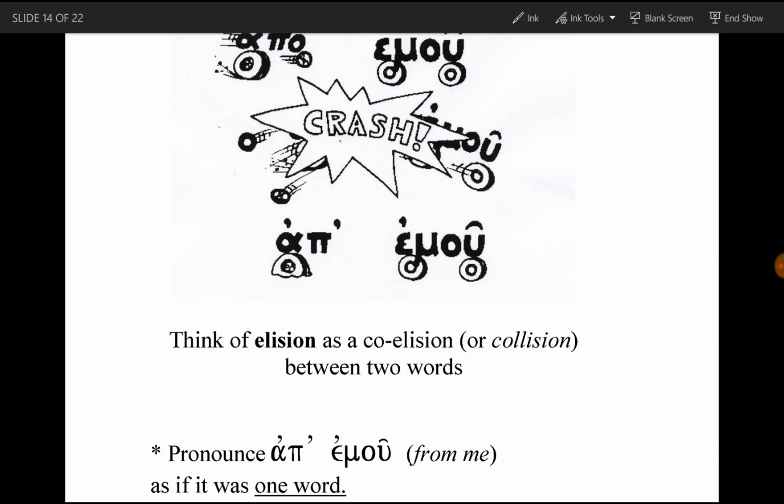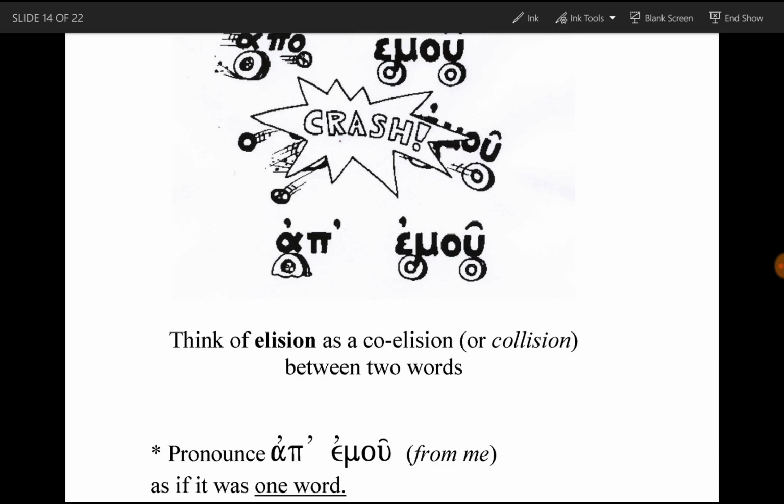Another interesting punctuation mark is what we call an apostrophe, which occurs when letters drop out when words combine. So the process where words might combine is called elision, and you can think of elision as a collision between two words.